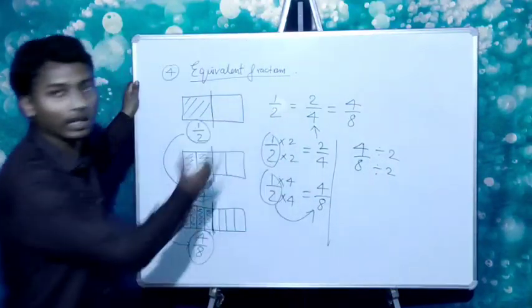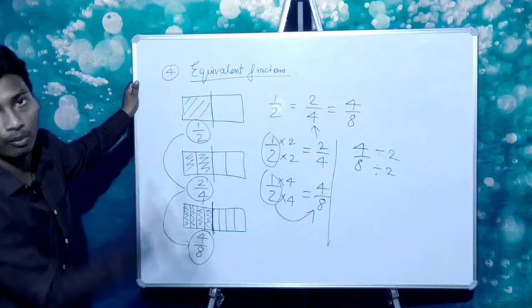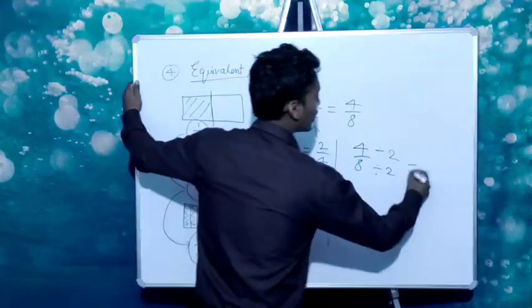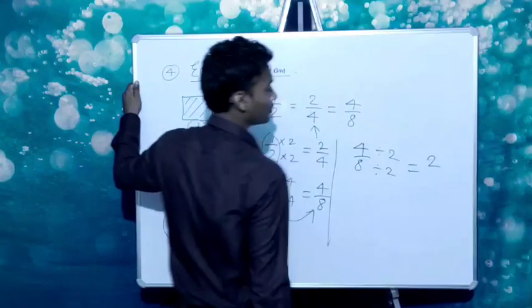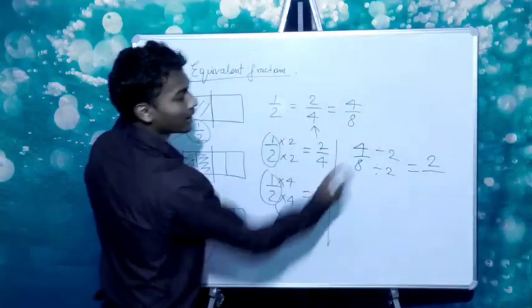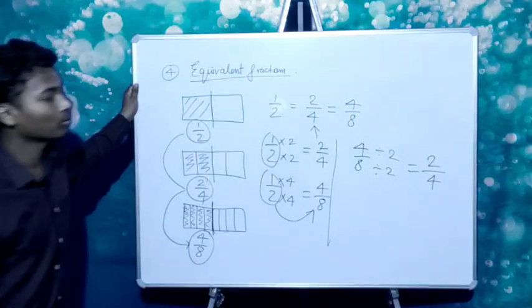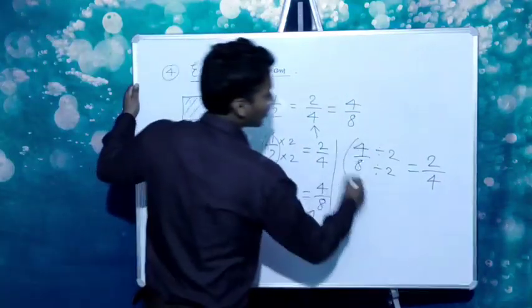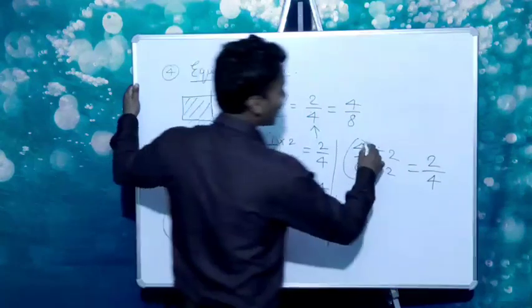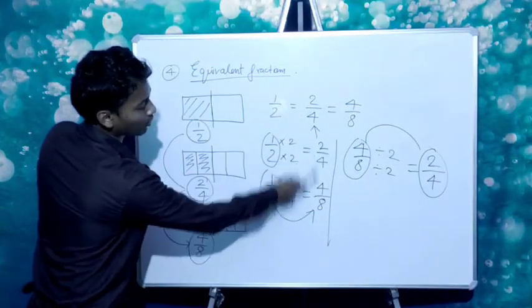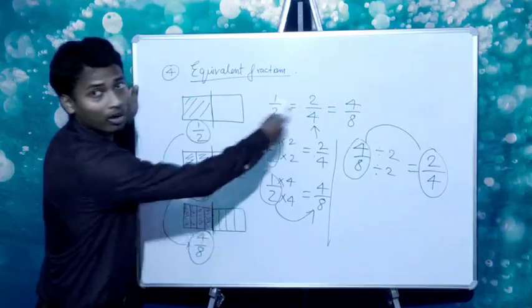If you divide the numerator by something, you have to divide the denominator also by the same number. So 4 divided by 2 gives 2, and 8 divided by 2 gives 4. So the equivalent fraction of 4/8 is 2/4, isn't it? 2/4 and 4/8 are the same, no? All are equivalent fractions.